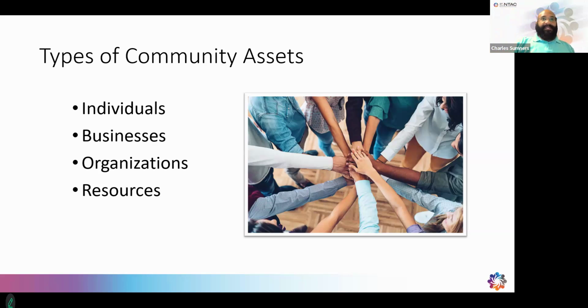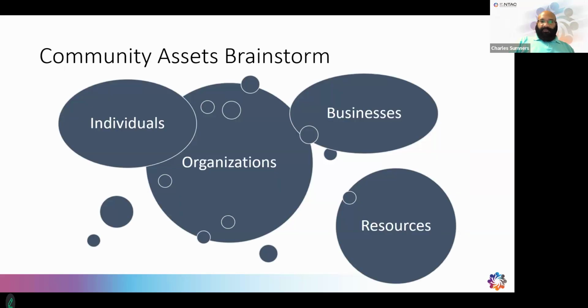And we at the NTAC team actually have a great community asset mapping tool that is available to you to use to envision those kinds of things. So let's look at what a loose community asset map could look like, right?